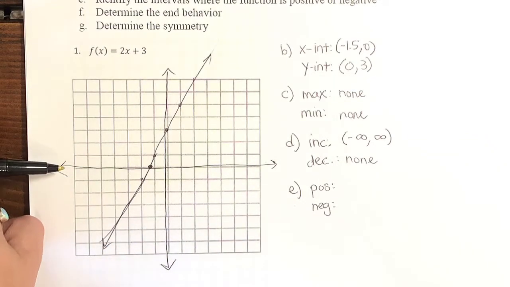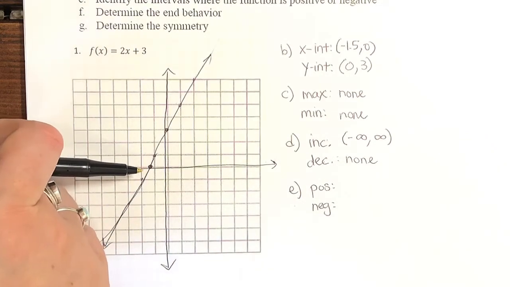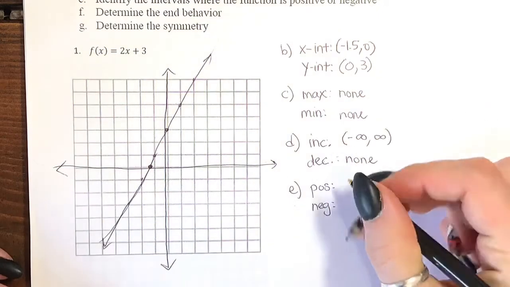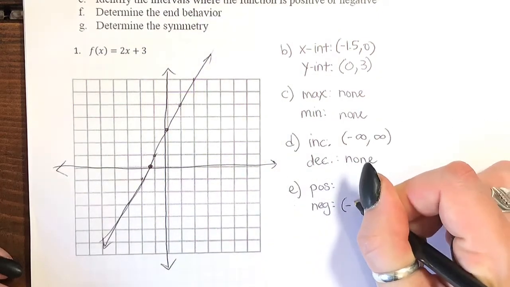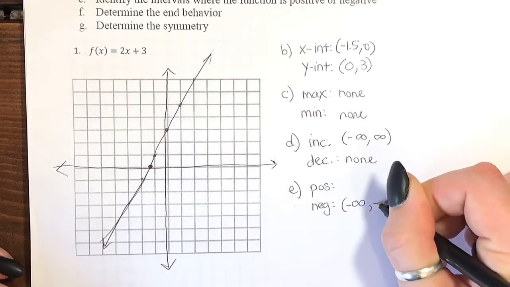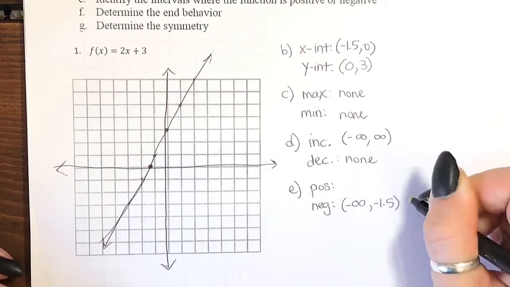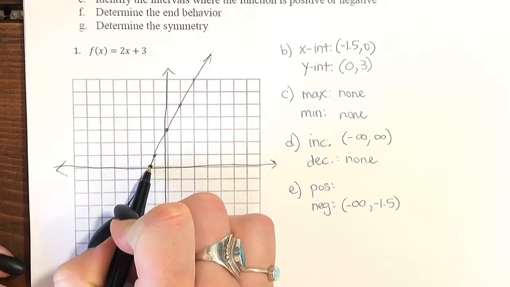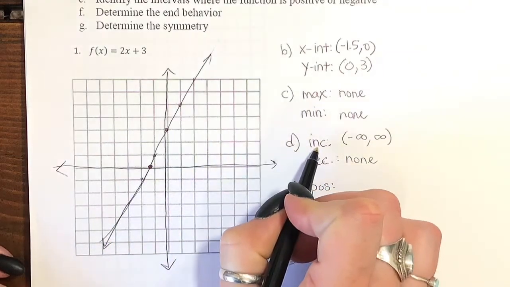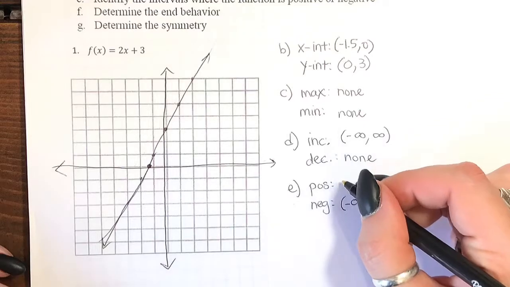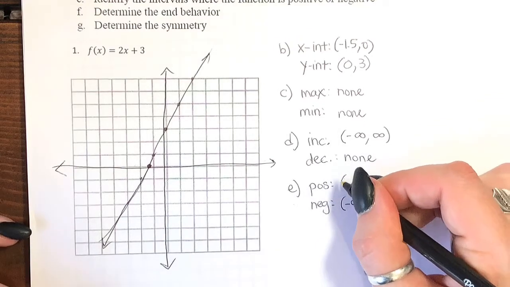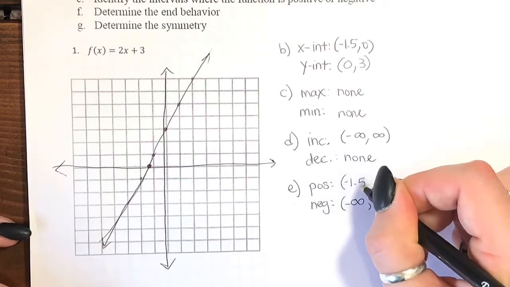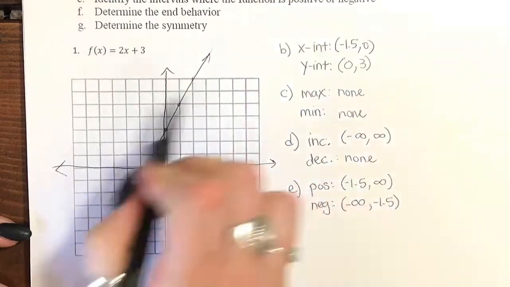I'm coming from forever to the left up until that negative 1.5. So we're going from negative infinity to negative 1.5. And then as soon as I hit negative 1.5, I'm going to infinity in the positive section. So negative 1.5 to infinity, you're going in the positive.